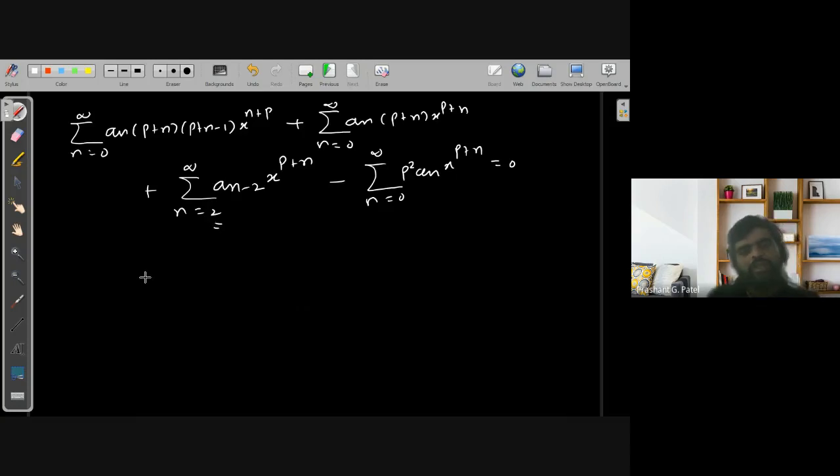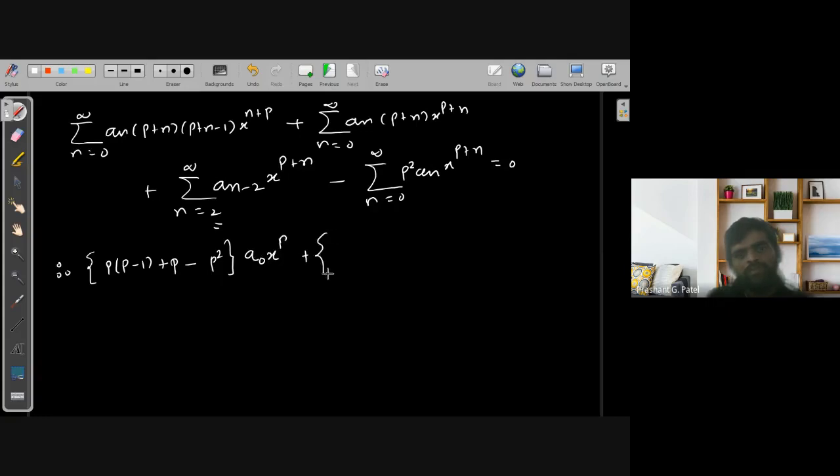Since this summation is starting from 2, I need to change all the indices accordingly. So for that, we write separate terms for n equal to 0 and 1. When n equal to 0, the coefficient is p into p minus 1, with x raised to p and a_0. Here also, a_0 into p, with x raised to p, so the coefficient is plus p. Then the last term will be p square, with a_0 x raised to p common out.